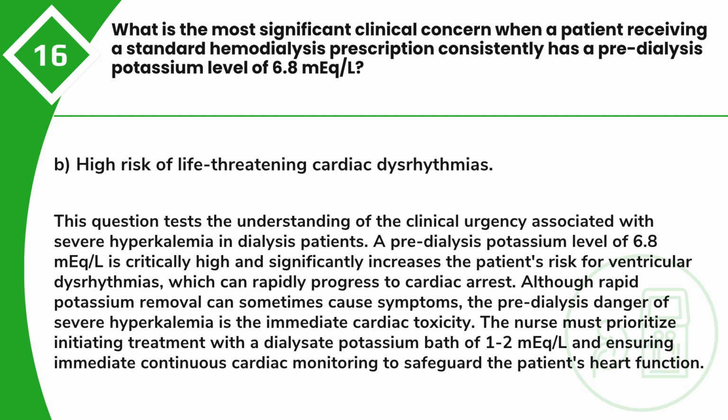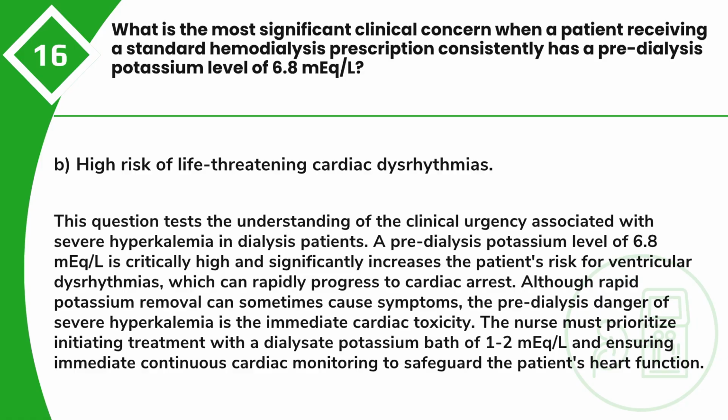Answer. B. High risk of life-threatening cardiac dysrhythmias. This question tests the understanding of the clinical urgency associated with severe hyperkalemia in dialysis patients. A pre-dialysis potassium level of 6.8 milliequivalent/L is critically high and significantly increases the patient's risk for ventricular dysrhythmias, which can rapidly progress to cardiac arrest.